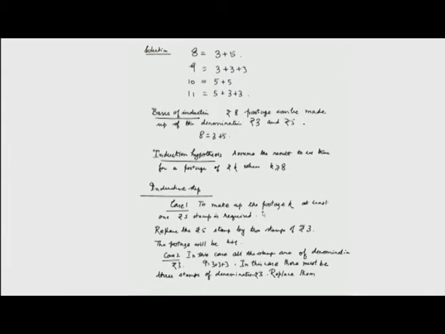So, replace them, that is all the 3 stamps, by 2 stamps of denomination rupees 5 to obtain a postage of rupees k plus 1.